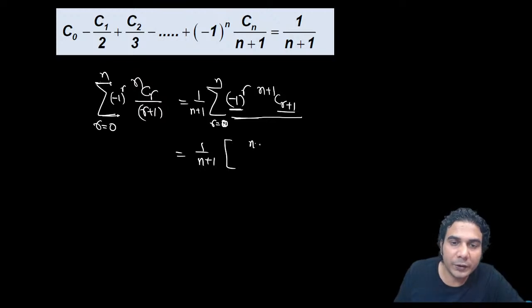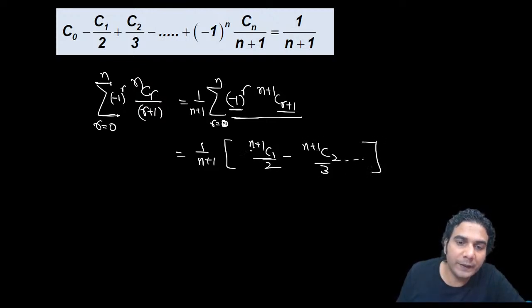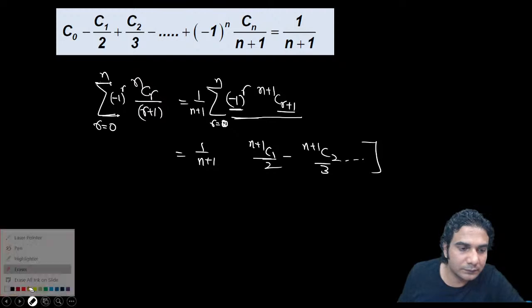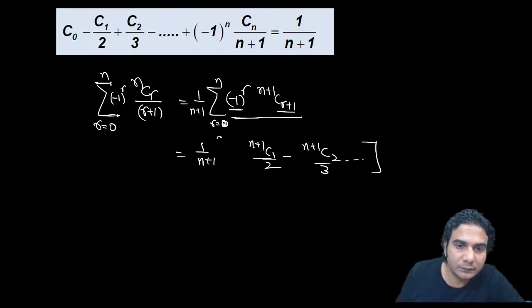If you write it, it is going to be (n+1)C1 upon 2 minus (n+1)C2 upon 3 and so on. So even if you add minus (n+1)C0, I'm sorry, (n+1)C0.